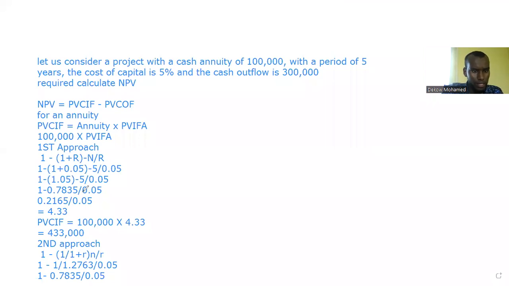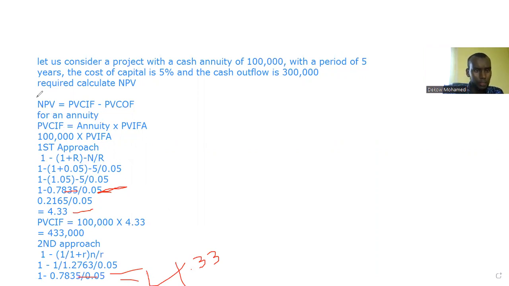Remember, when we were using the first approach, this is what we had, 1 minus 0.78, the same case we have here. Obviously, this will lead us to the same answer, which is 4.33.